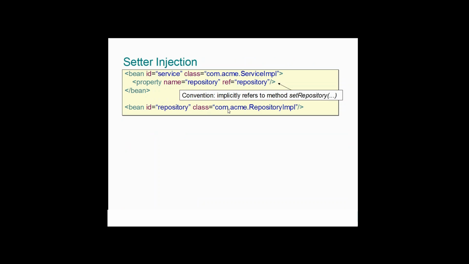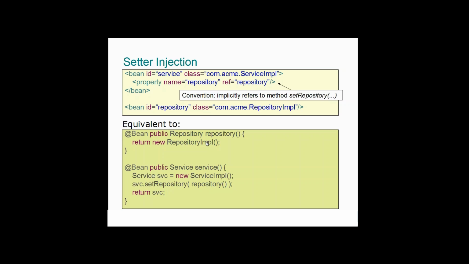So it will get this object and inject it to this service simple using the setRepository method. Okay, and the equivalent is I have a service method and repository method. First, it will create an object with a default constructor, and using setRepository, it will call this method to inject it.